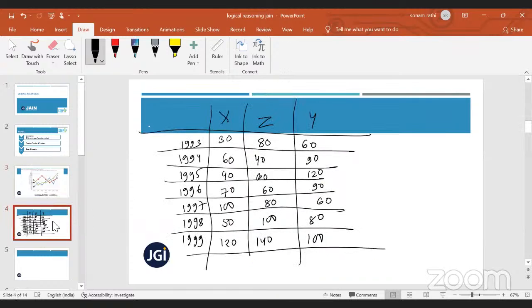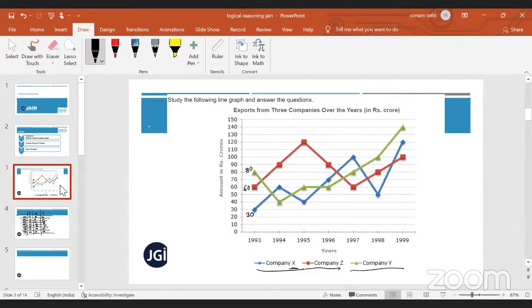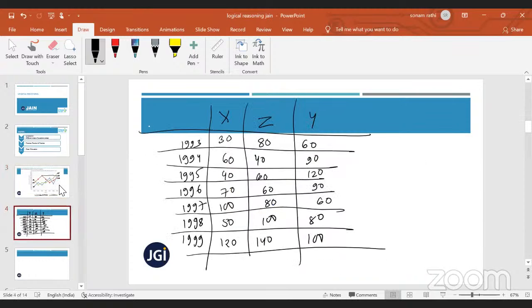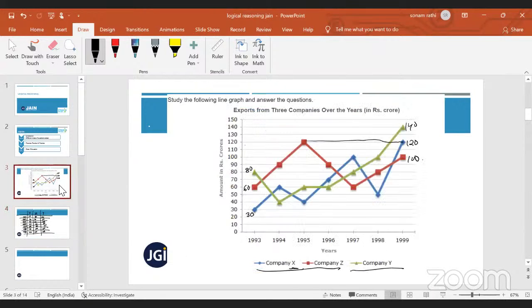Correct? This is 120, 140, 100, right? Same thing written in terms of table, but you should be able to read it in terms of line also.